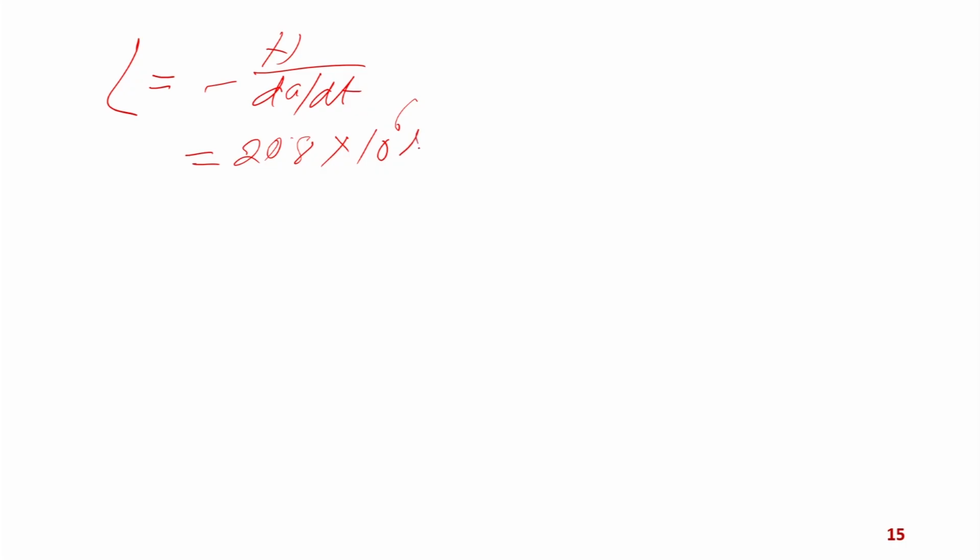And we can calculate L is equal to minus h by dA by dt. If you substitute those values, you will get 20.8 into 10 to the power 6 second. So, this is equal to 5828 hours, which you can convert into days. So, this is 243 days.